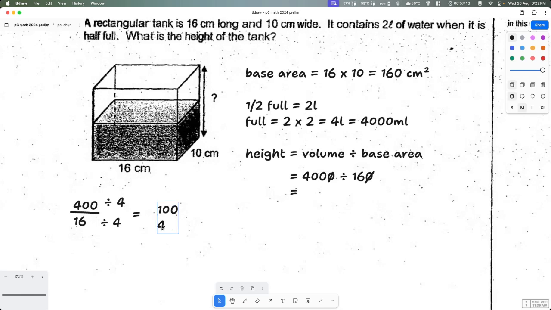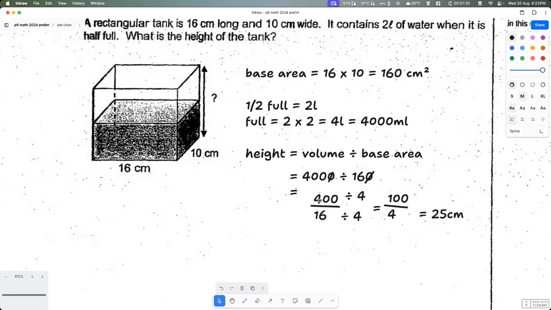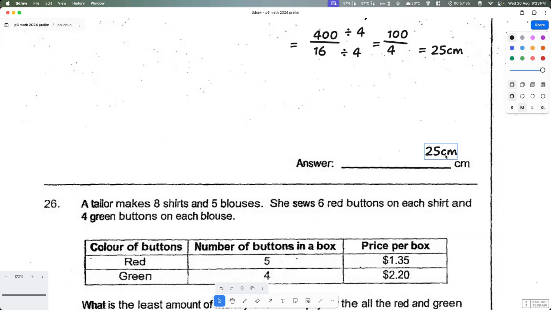That's much easier to calculate. Then this will become 25. 100 over 4 is 25 centimeter. There you go. So that's the answer. Phew, I thought it was going to be harder, but 25 centimeters. All right, let's move on to the next question.